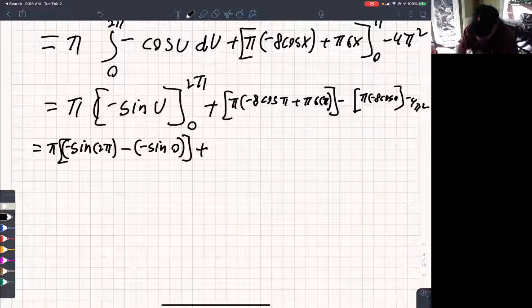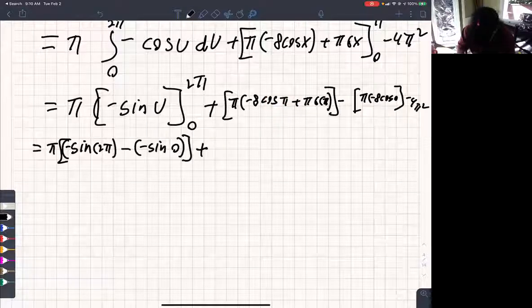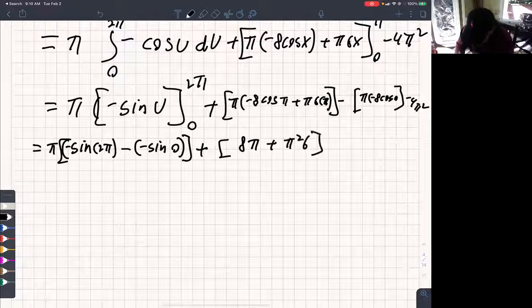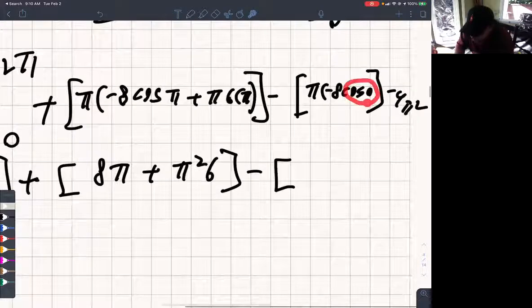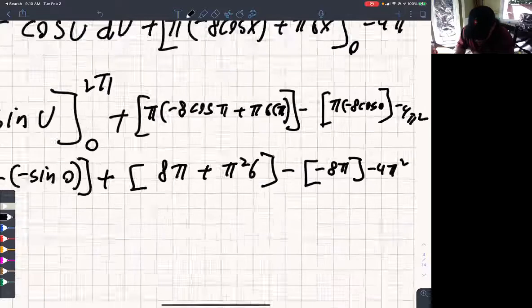And then cosine of pi is -1. So that's going to get us positive 8 pi plus pi squared times 6 minus, and then cosine of 0 is 1. So it's going to be minus -8 pi minus 4 pi squared.